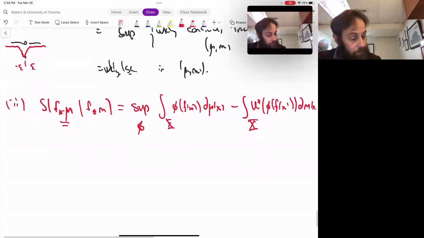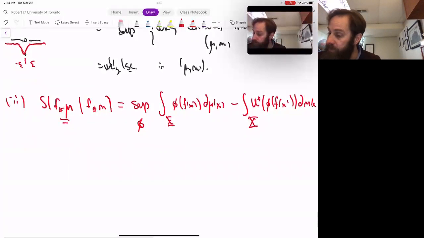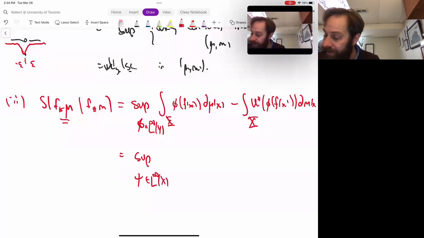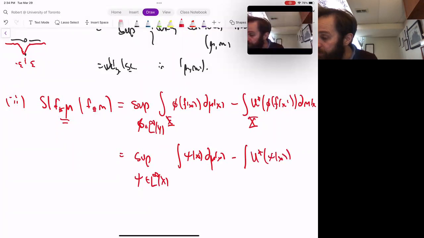And so let me call this function here psi. So phi is, let's say, an L infinity function on y, and then psi is going to be an L infinity function on x, of the integral of psi of x d mu x minus the integral of u star of psi of x dm x.